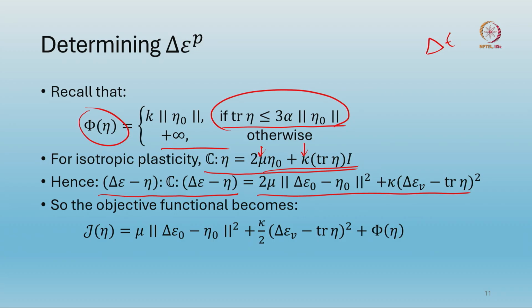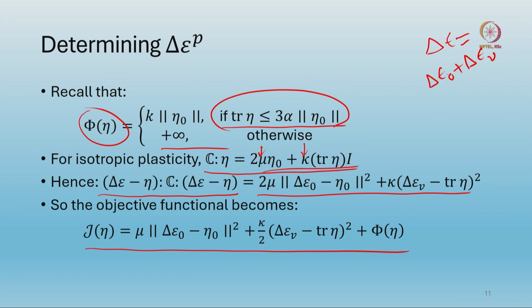So therefore, the objective functional now becomes this. Now see that the input strain delta epsilon has two parts. One is delta epsilon 0, the deviatoric part, and the other is delta epsilon v, the volumetric part.